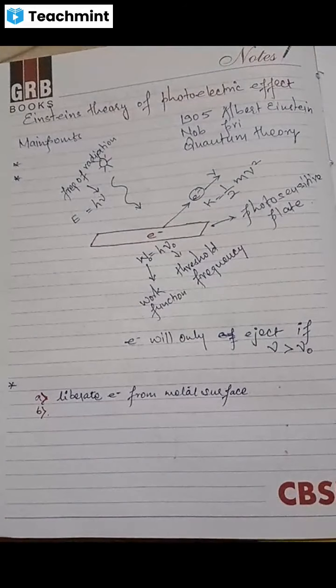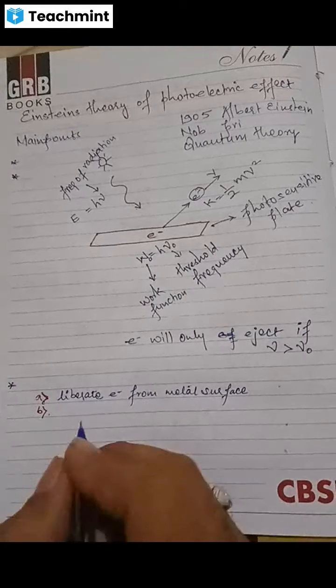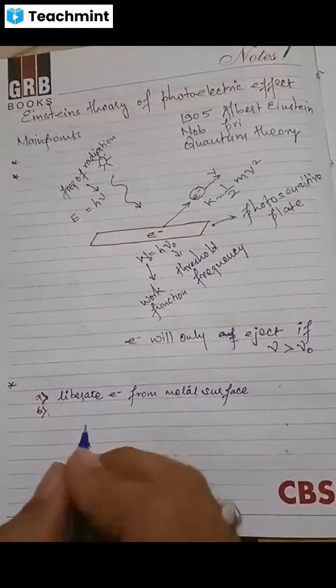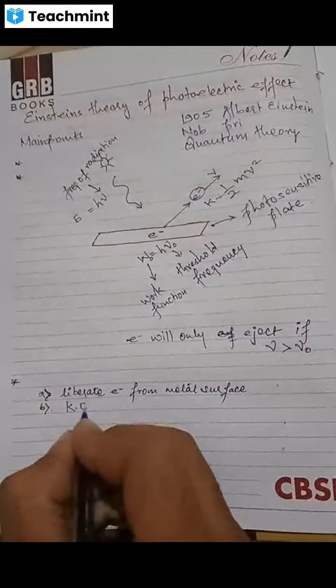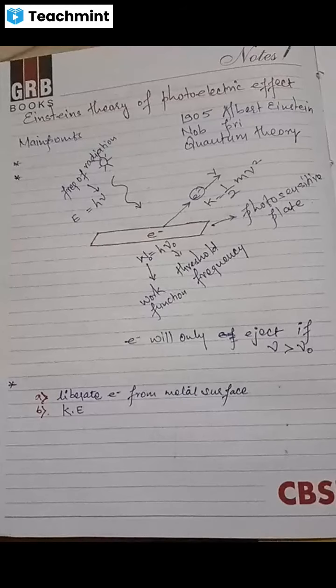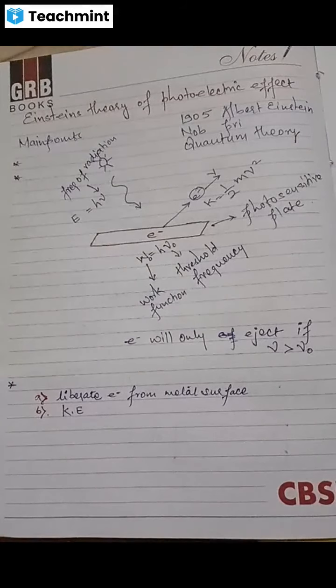Next, the remaining energy of the photon is used to impart kinetic energy to the liberated electrons.